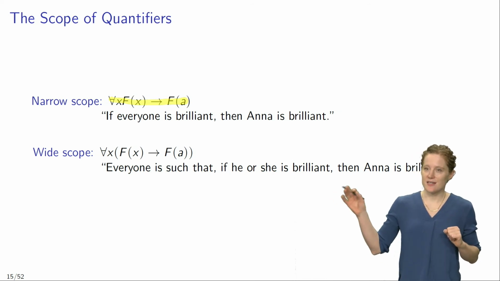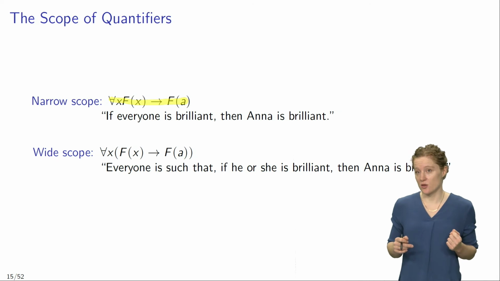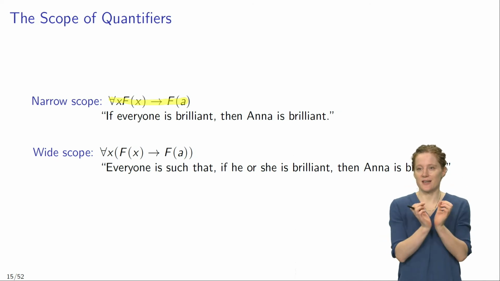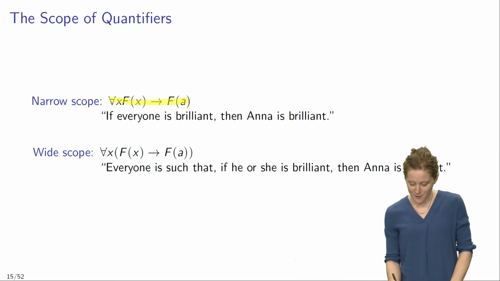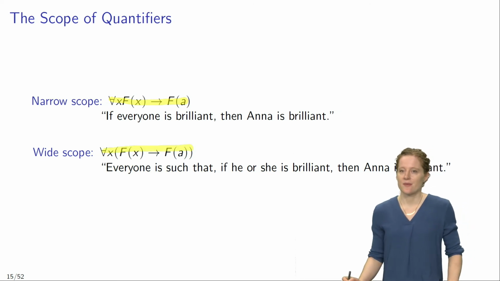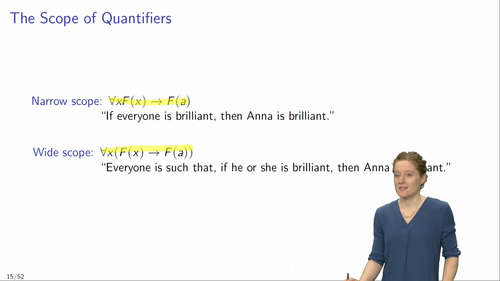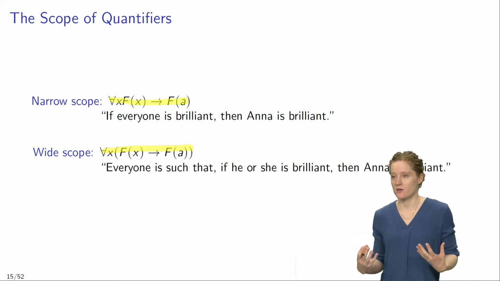The consequent Fa is not in the scope of the quantifier. So the quantifier has narrow scope. In our other formal sentence here, a little further down the road, the quantifier has wide scope. So here the quantifier includes the entire conditional within its scope, and that means that it has wide scope.